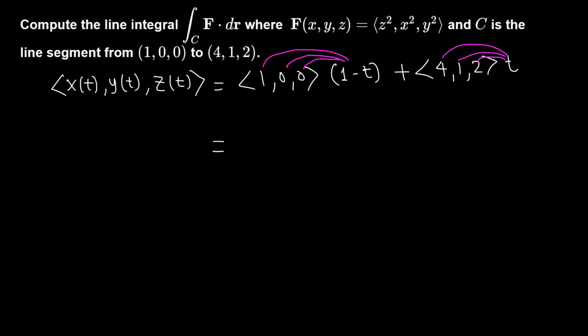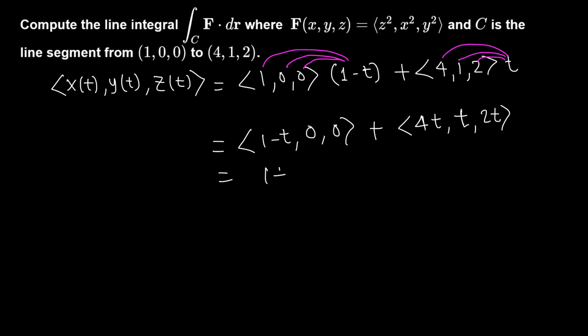So 1 times 1 minus t is just 1 minus t, 0 times just 0, 0 times 0, plus here 4t, 1t, 2t. If we add 1 minus t plus 4t, so 1 plus 3t, 0 plus t is t, 0 plus 2t is 2t.